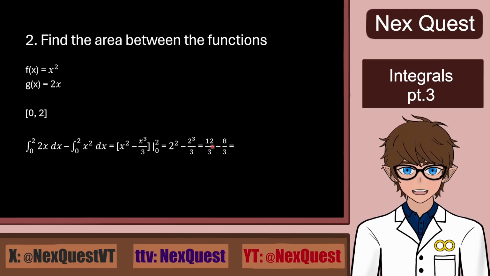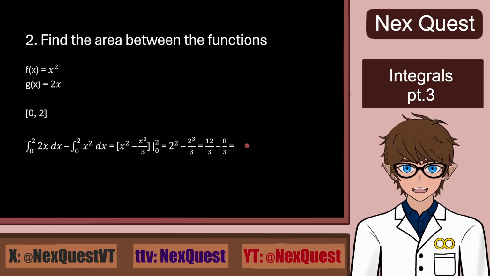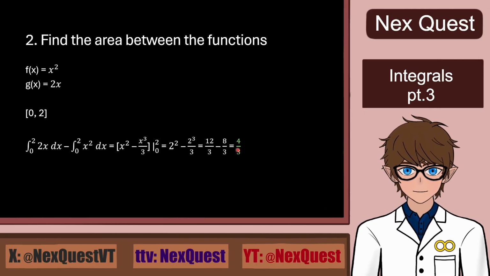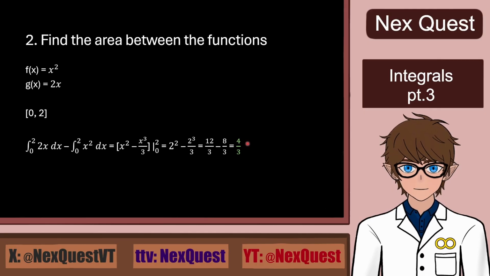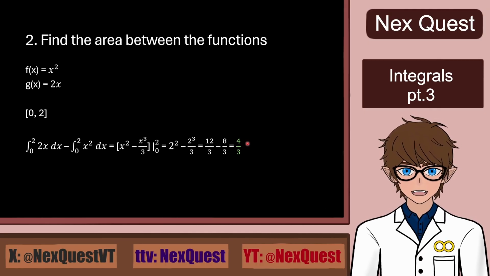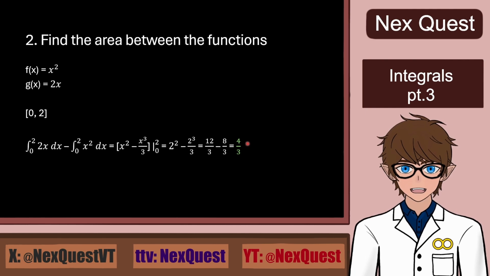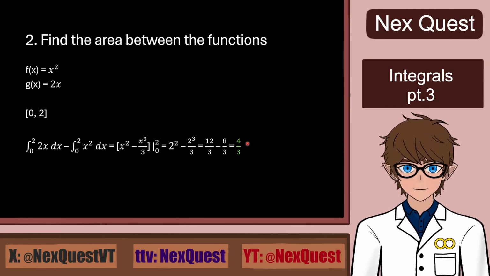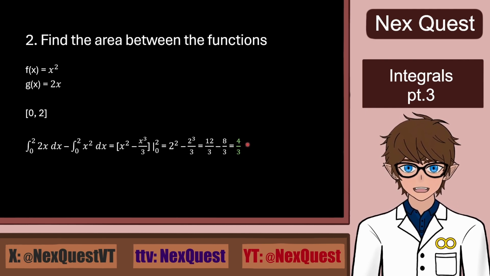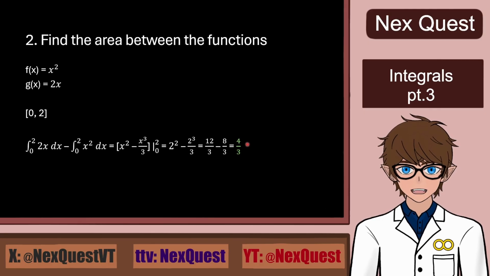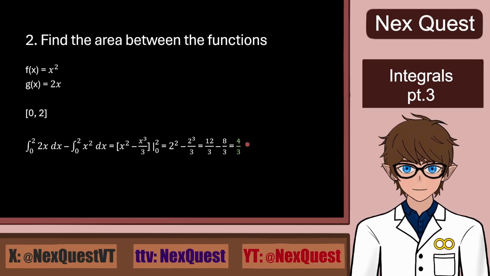Now we expand to the common denominator, and we're left with 4/3, which is a whole 1 more than we would expect. So the area is 4/3, and we see that it's not just linearly increasing. You can find the correlation between the area and the changing of each of the functions if you want. It's a fun thing to think about.